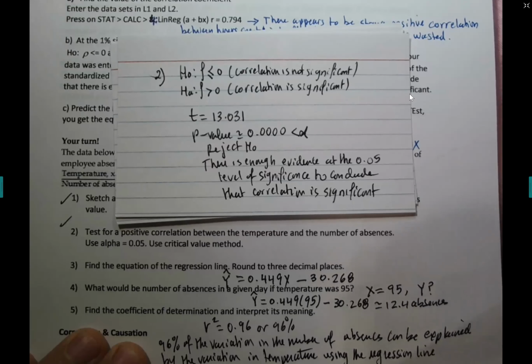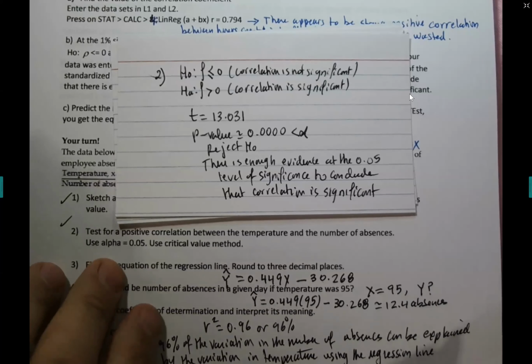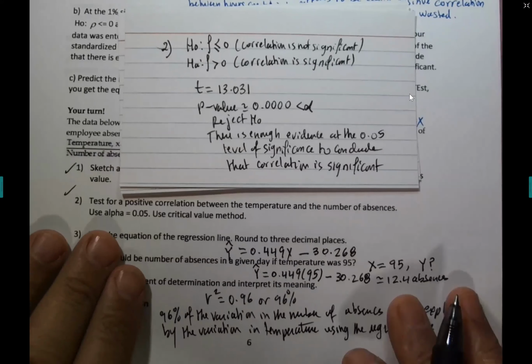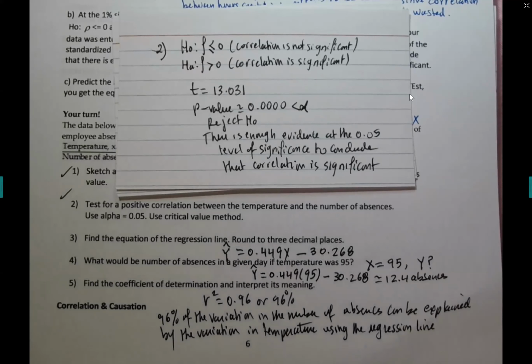But that didn't explain the whole story. It only did 96% of the story. There's 4% connection missing. Can you guys give me some other factors that would contribute to employees being absent, other than the weather outside? Just to show you that there are some other factors that determine whether an employee is going to show up to work or not.